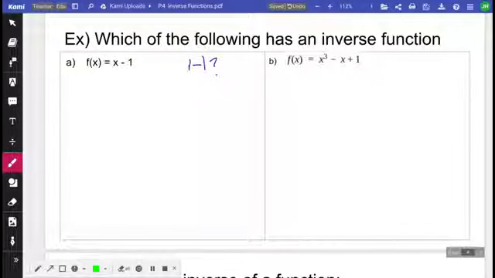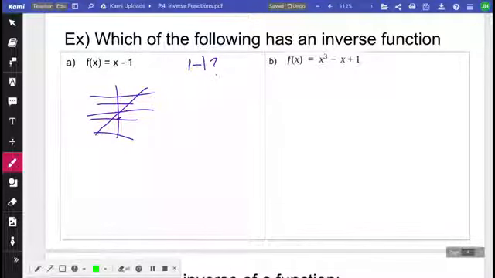So if I look at a graph of the line x minus 1, the line x minus 1 would have a y-intercept of -1. It would have a slope of 1. And so I'm just going to have this slant here. And then do they pass horizontal line test? Horizontal, horizontal, horizontal, infinitely many horizontal lines.